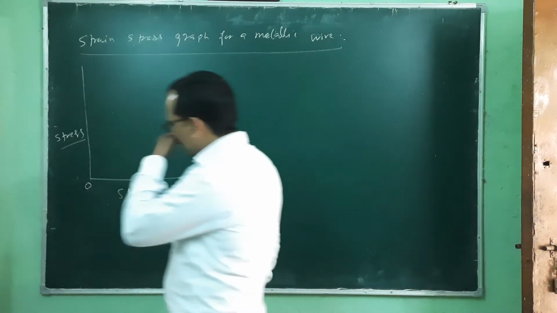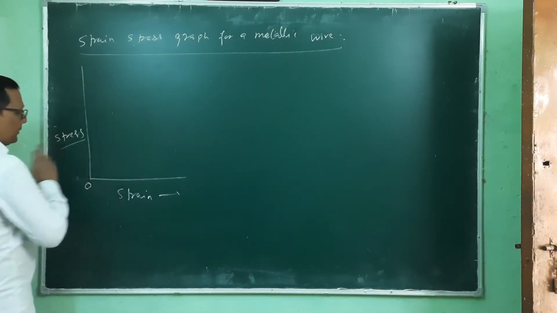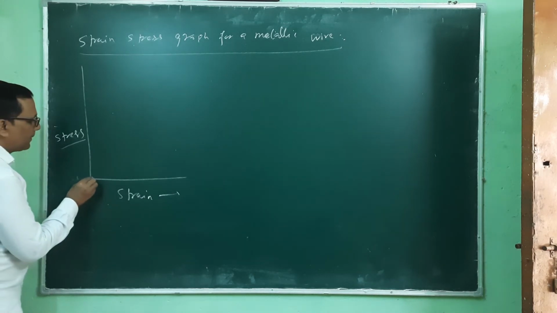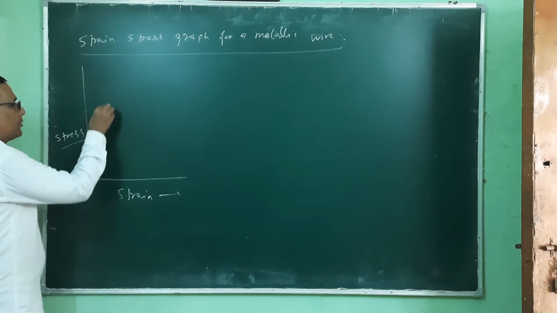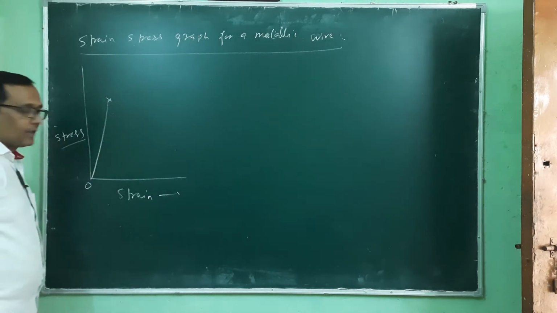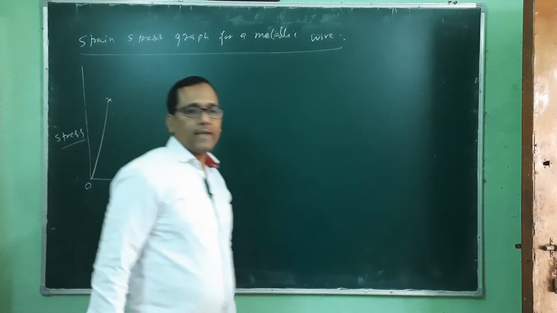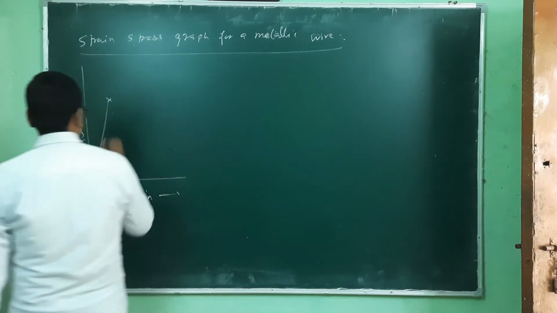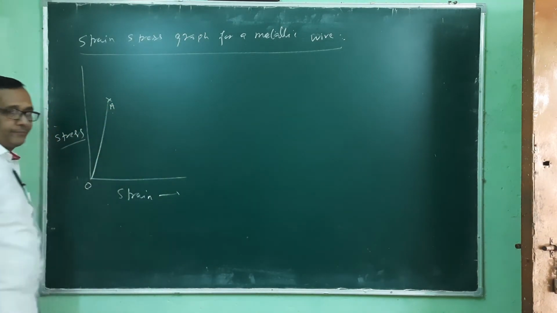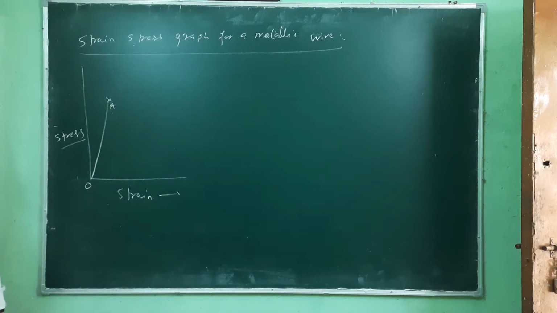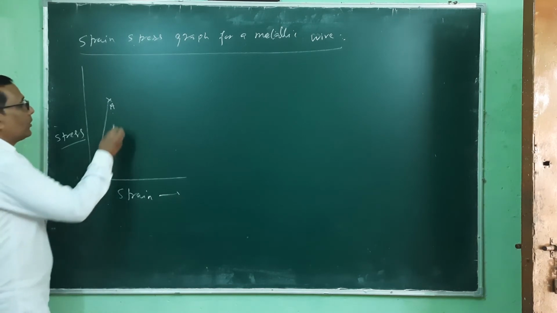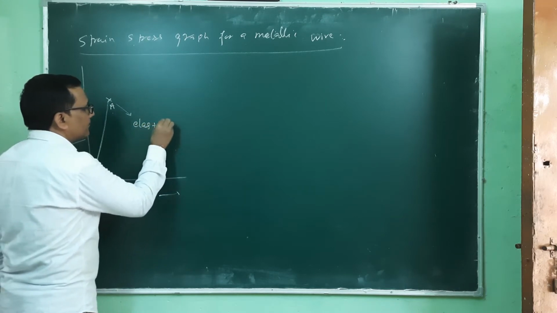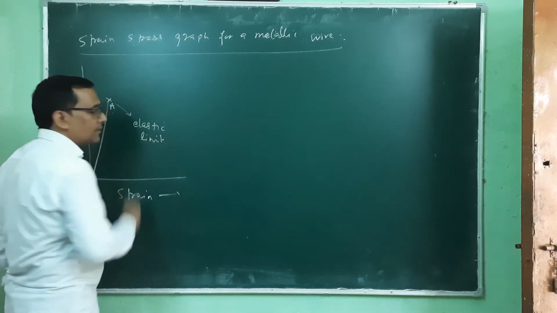When we start applying force, there will obviously be stress, force per unit area, and both will increase in a constant ratio up to a particular limit. So here we get one straight line, and at this point, let's say A, we have the elastic limit.